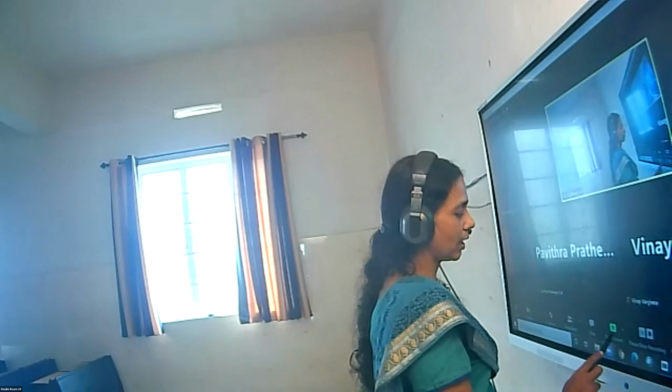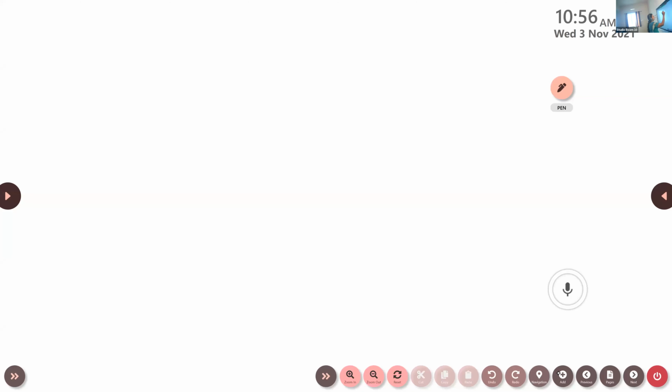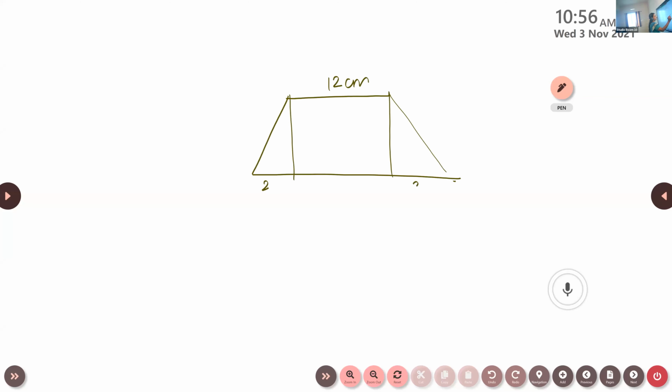It is in the form of a trapezium. This side is given as 12. Here it is 2 centimeter. And height is given as 5. Pranav, is it correct, whether the height is 5? Yes, ma'am.